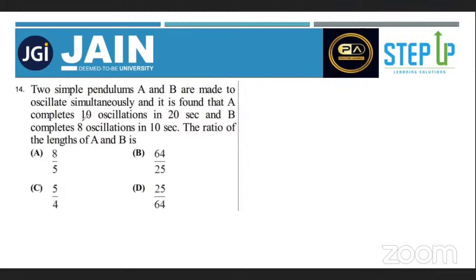They have said that it completes 10 oscillations in 20 seconds. So I know that the basic formula for T in case of a pendulum is 2 pi root over L upon G. Here 2 pi is constant. They have said 10 oscillations per 20 seconds, so basically they're talking about time period.